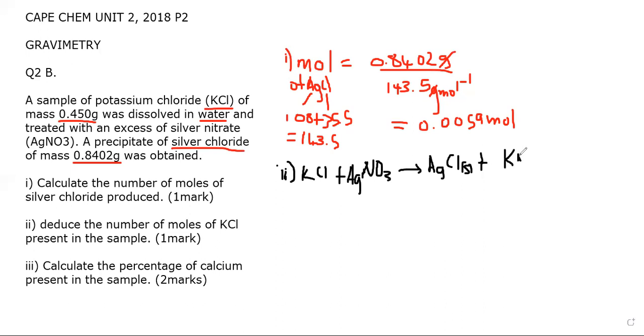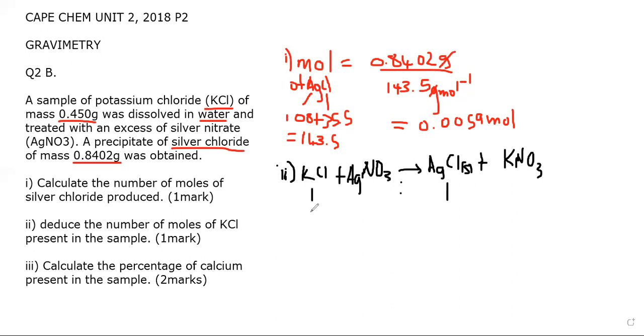The equation is already balanced. So remember, when I want the mole ratio, it's between the precipitate, since we have the moles of the precipitate, and what you're interested in, which is potassium chloride. So it's a 1-to-1 mole ratio between silver chloride and potassium chloride.